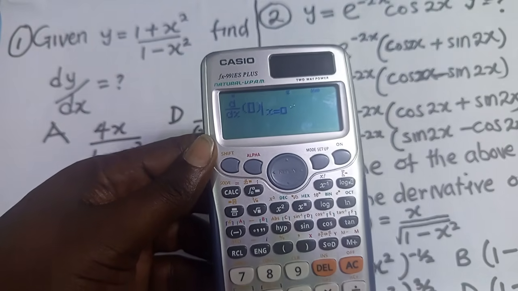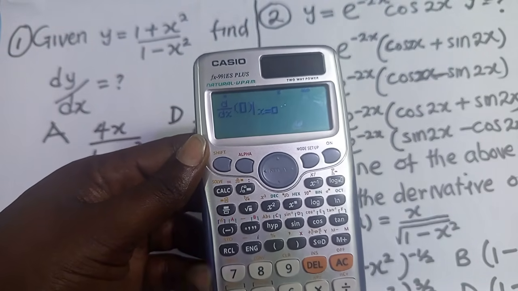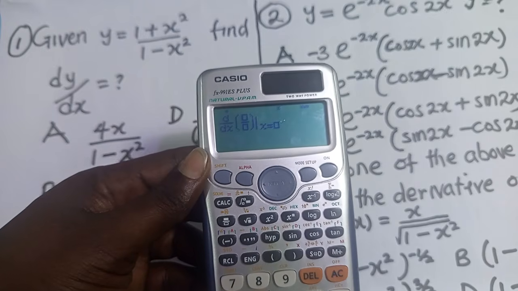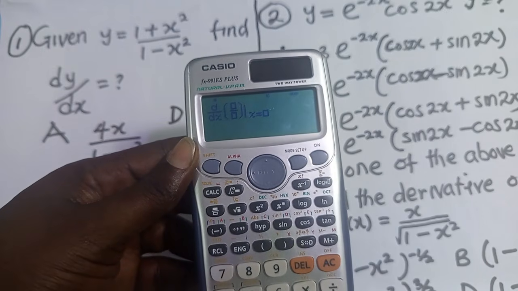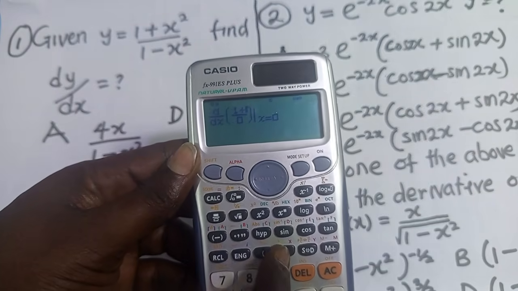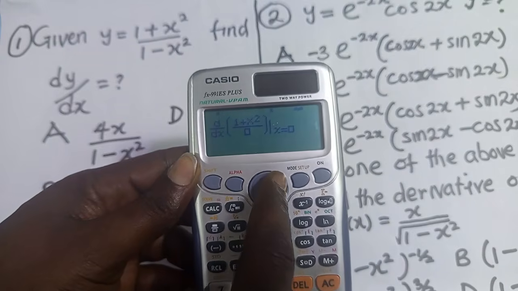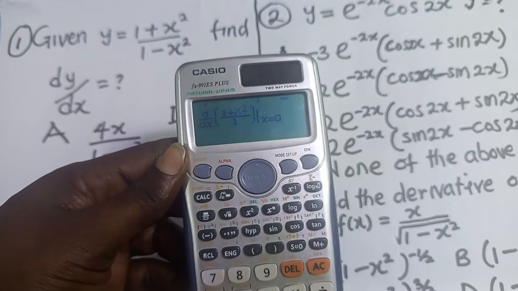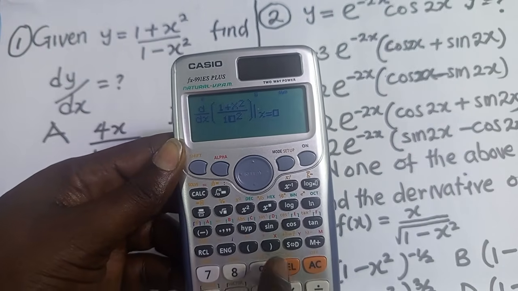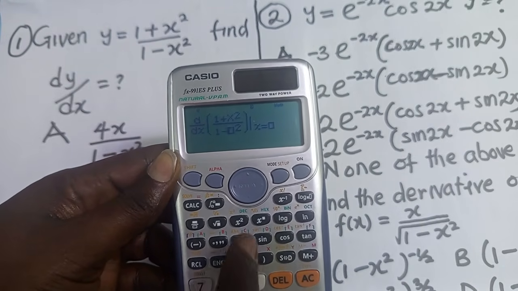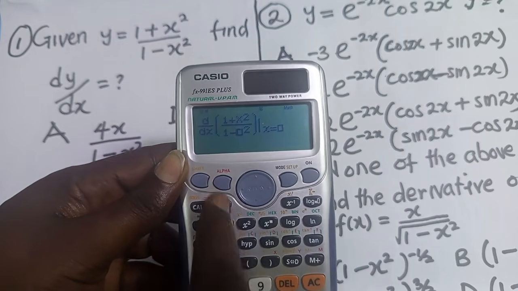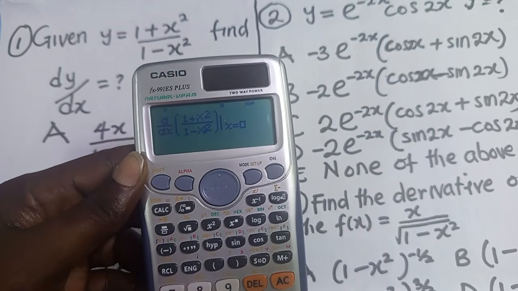What we're going to do now is press the fraction button to input 1 plus alpha x squared, over 1 minus alpha x squared.